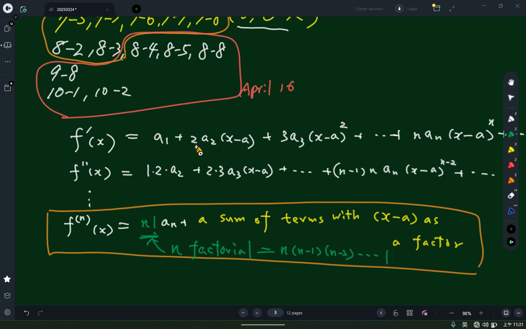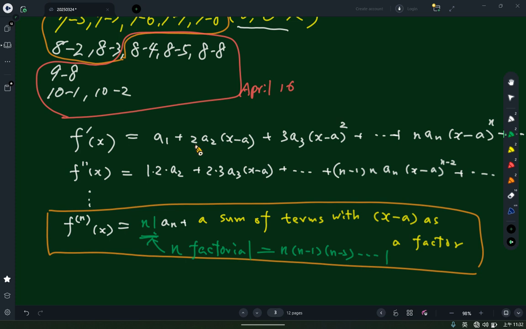Okay? Because you just continue to differentiate, the power will be moved to the coefficient. So finally, it will become n factorial. Then we also have a sum of terms with x minus a as a factor. So you can notice this part is n factorial an, right? For the rest, they always have x minus a as a factor.